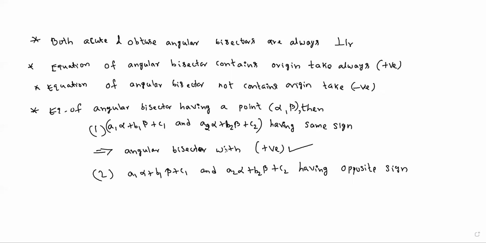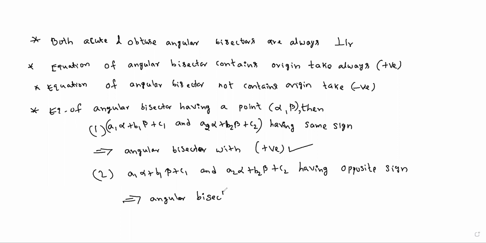If these two terms have opposite sign, that means one is plus, one is minus, or one is minus, one is plus, then while finding the angular bisector, take only the negative sign.